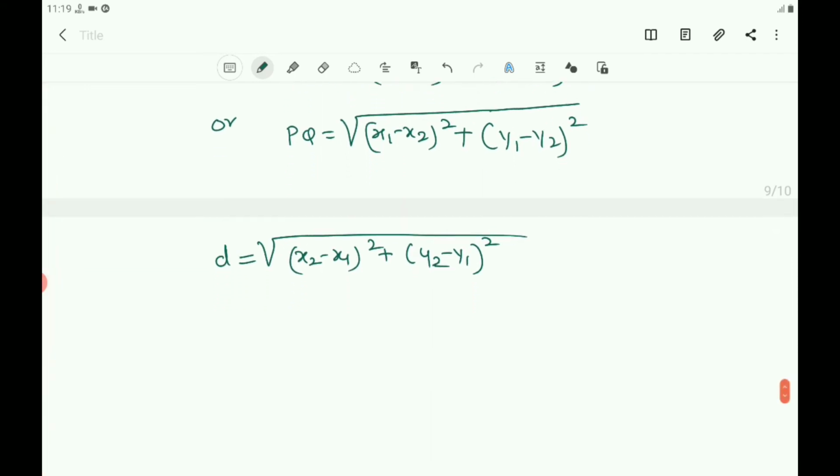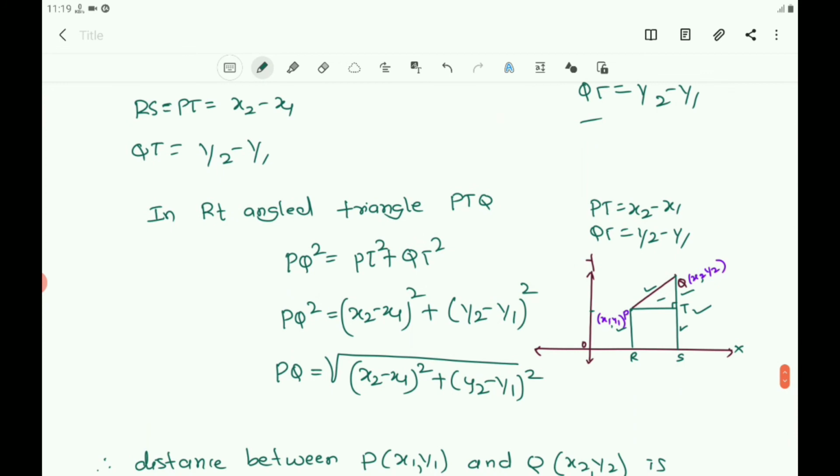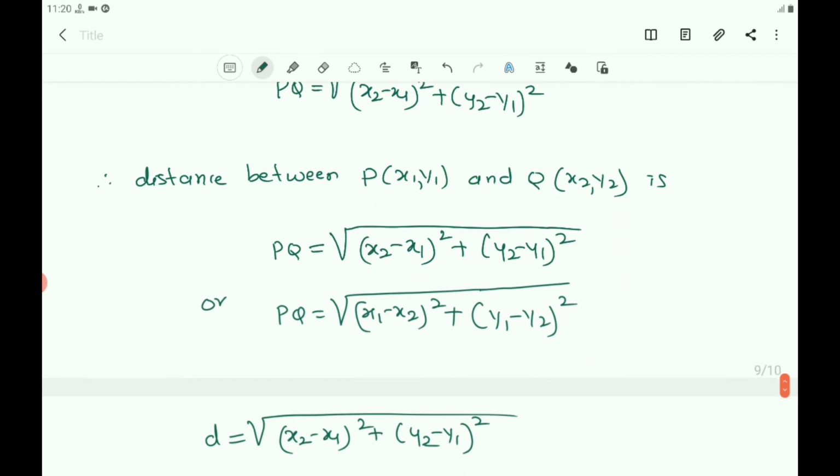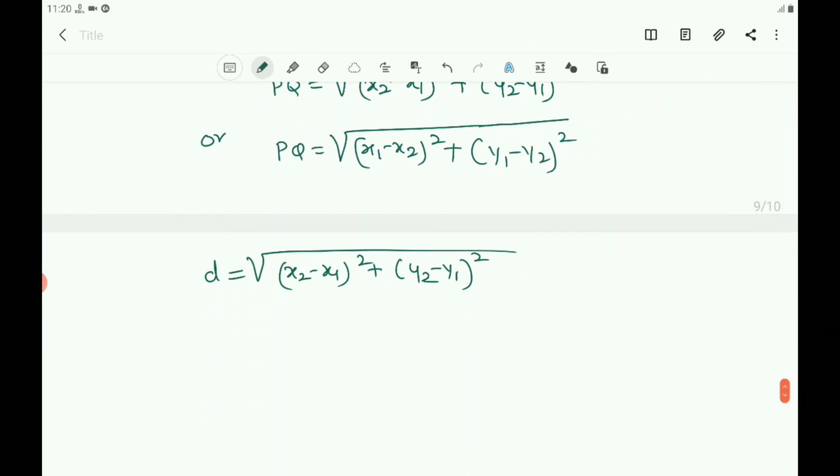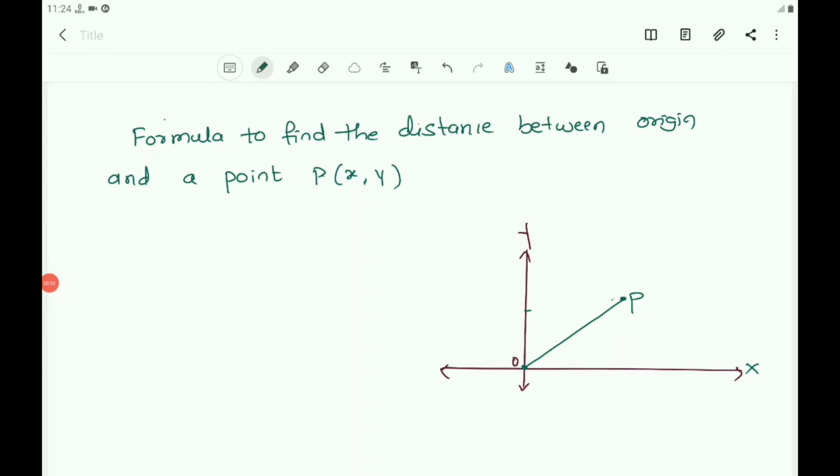Next, here the points may be the origin and one other point. Now let us obtain the formula to find the distance between the origin and a point. You know that the coordinates of the origin are 0, 0, and the other point can be taken as P of x, y.